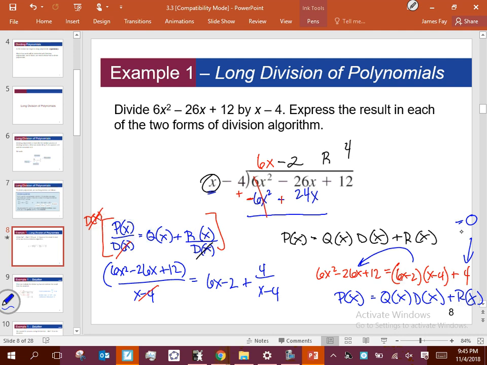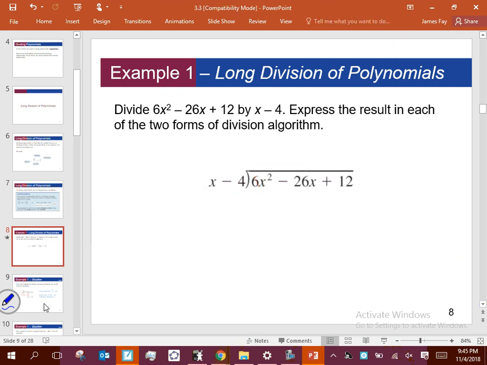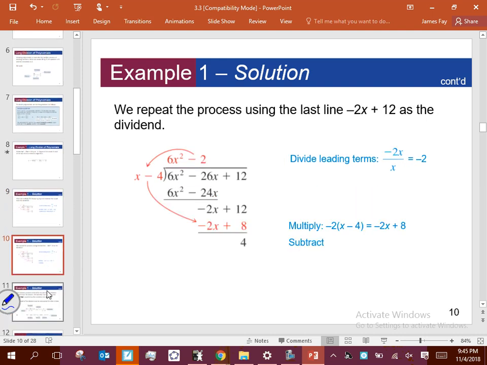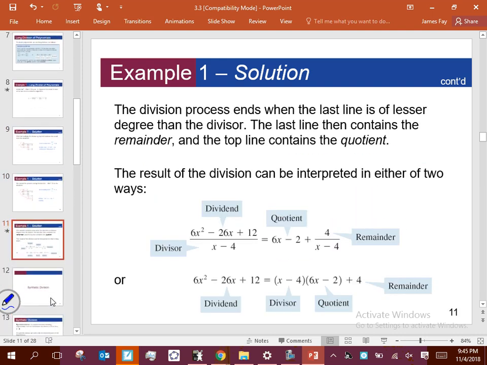When that turns into a 0, if you think about what we've done, we've factored the polynomial. So the hope is that we eventually get that to be a 0. That's the general practice of dividing a polynomial by another polynomial. You see this works through and gives you the solution.